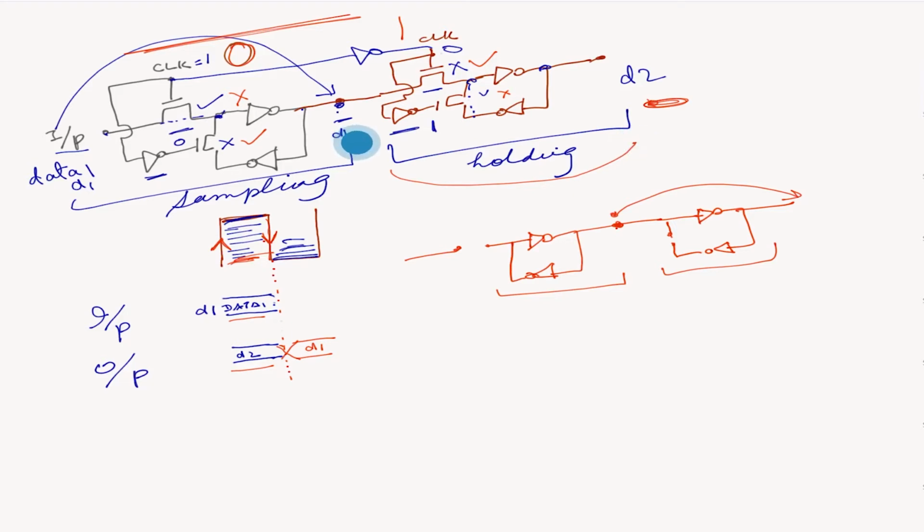As soon as the transition happens, this will stop keeping the input, and immediately the second one will start taking what was here. So during that transition, you don't want to change the input. Whatever input you want to have at the output after the edge, you don't want to change it during this transition period.